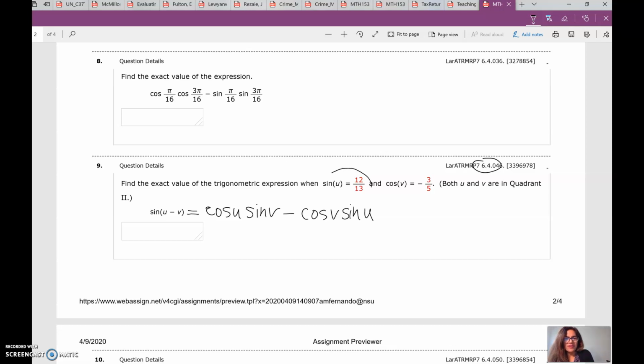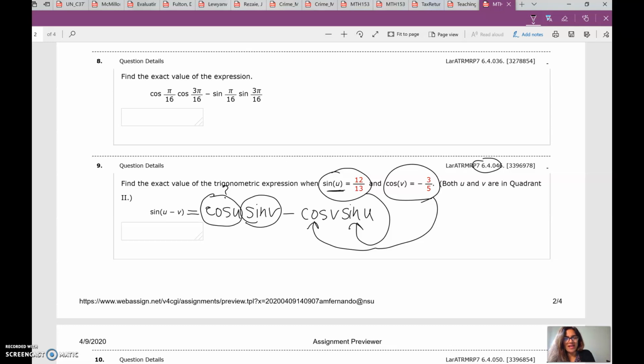Now, we definitely have places that can be substituted for immediately, but keep in mind that the cosine of u, we don't know what that is. We have the cosine of v, but we don't seem to know the cosine of u, and we might have the sine of u, but we don't seem to have the sine of v.